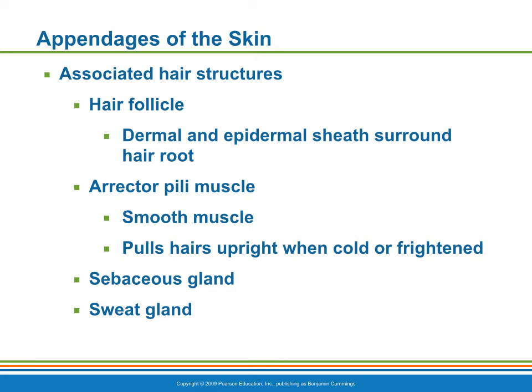The wall of the hair follicle is composed of a peripheral connective tissue sheath, a thickening basement membrane, and an inner epithelial root sheath. The hair matrix within the hair bulb is a group of actively dividing cells that produce the hair. Now, associated with each hair follicle is a bundle of smooth muscle cells called an arrector pili muscle, which, when contraction occurs, causes the hair to stand upright.